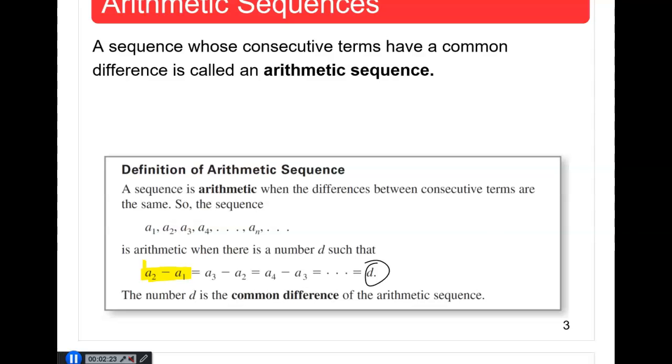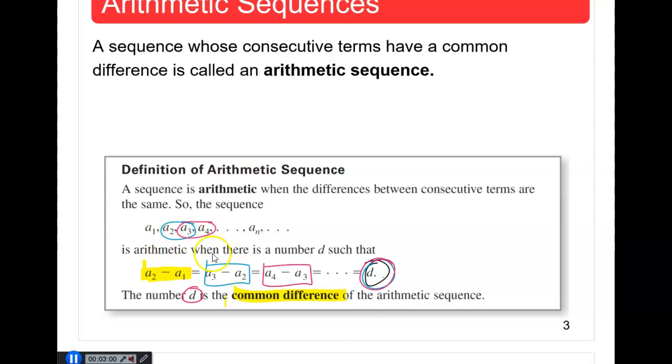For example, if I take the third and the second term and subtract them, you will get the same number, call it d. Similarly, if you take the fourth and the third term and subtract them, you will get the same number, and so on. That number d is called the common difference of the arithmetic sequence, and that is the condition for your sequence to be considered arithmetic.